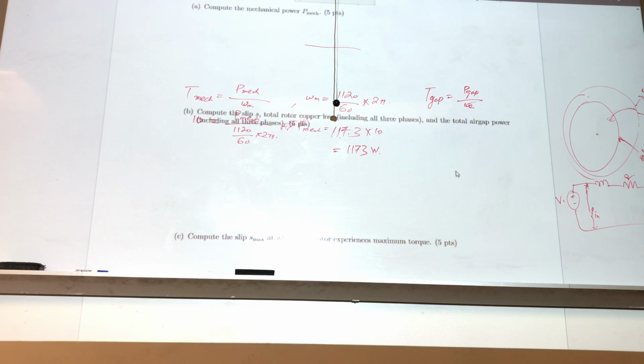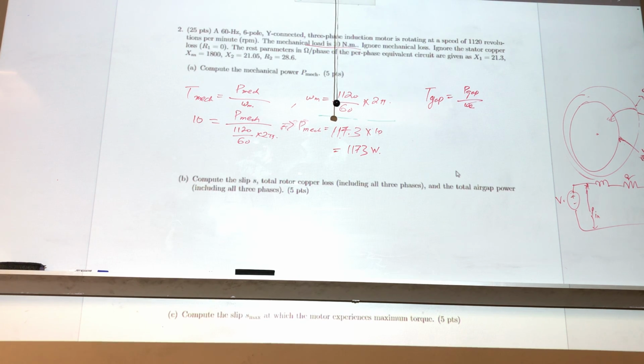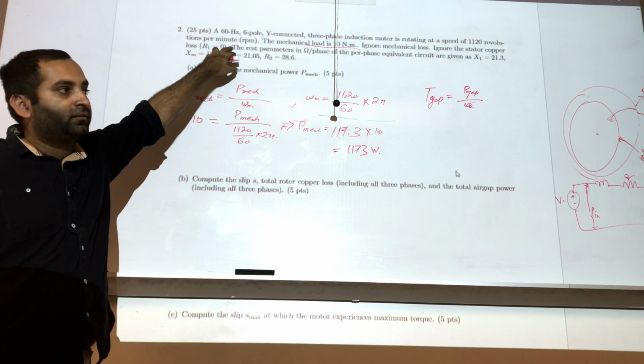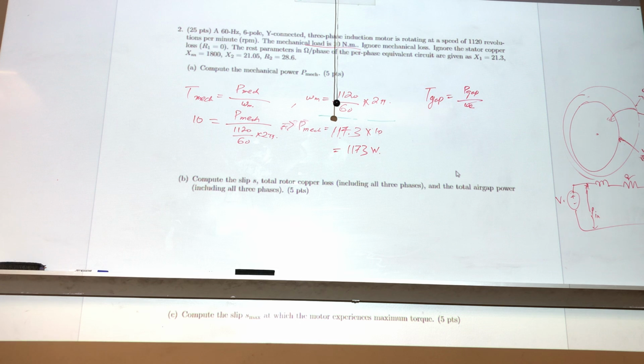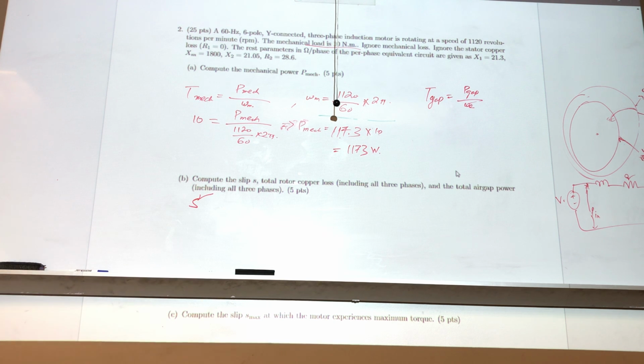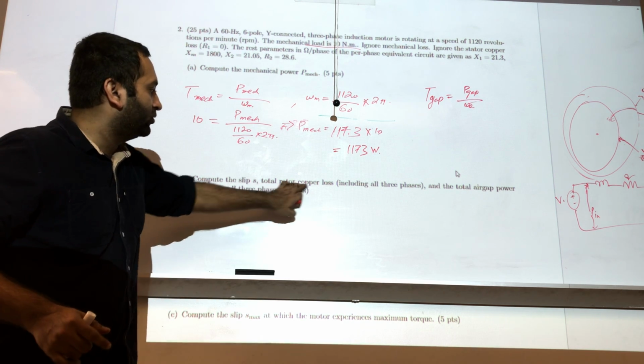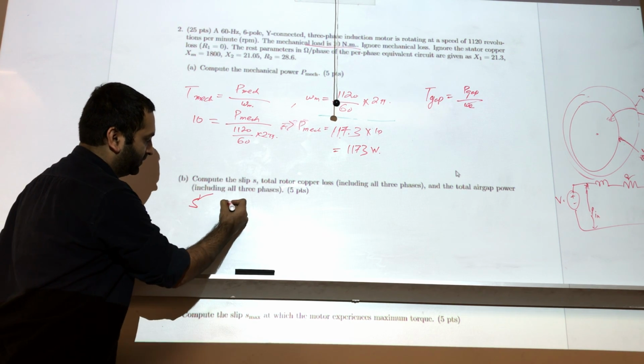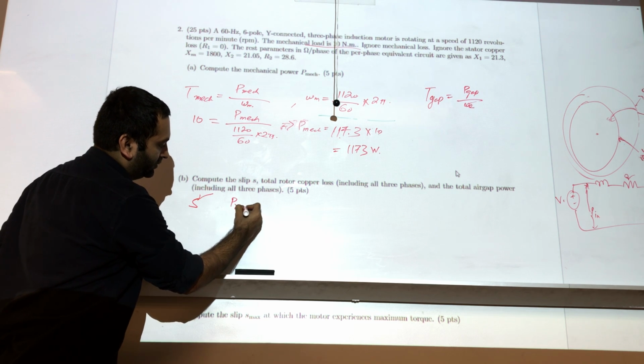Compute the slip, total rotor copper losses and total air gap power. So you can find the slip from here. You can find synchronous speed, and you're already given NR. So you can find the slip, and it's asking you to find the rotor copper losses, which is P rotor.